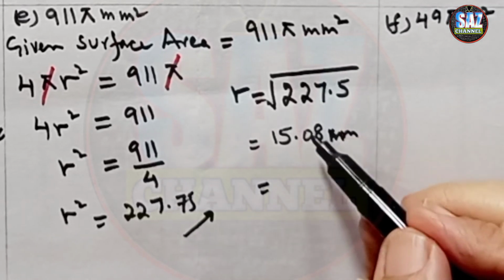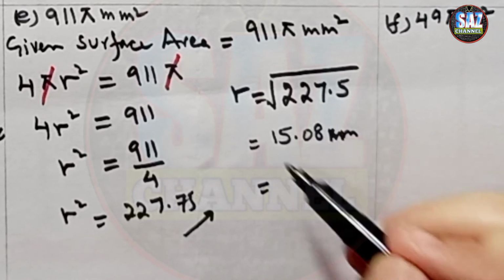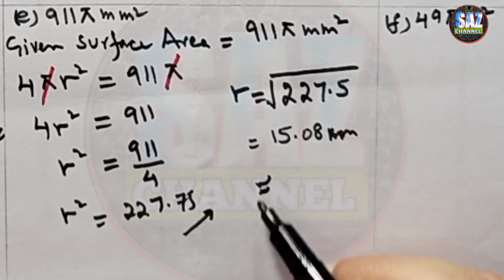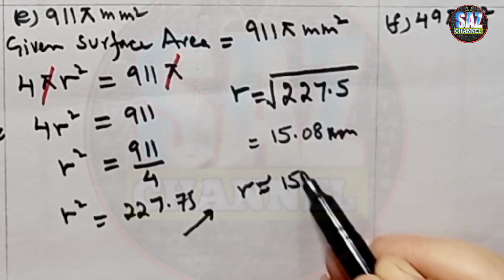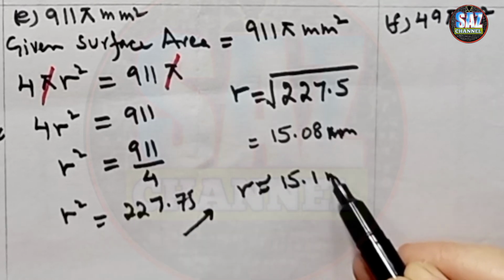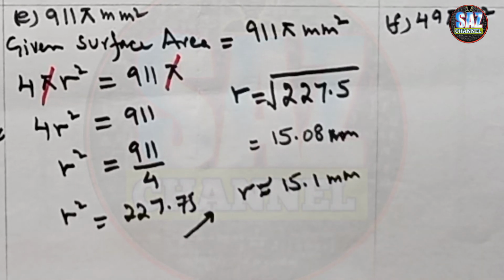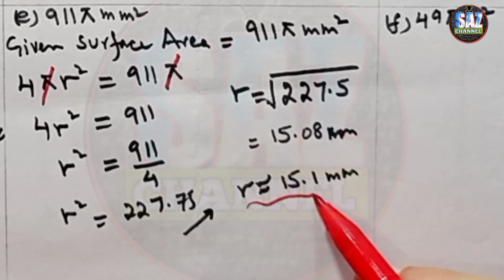As I have to give my answer to 3 significant figures, r will be approximately equal to 15.1 millimeters. I hope you are clear about this question, and let's quickly move to the last part of this question.